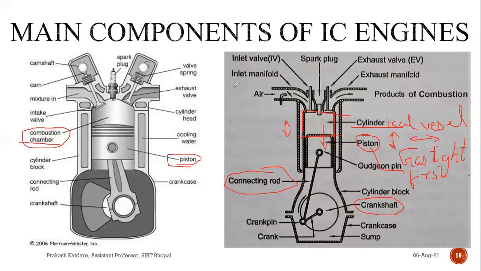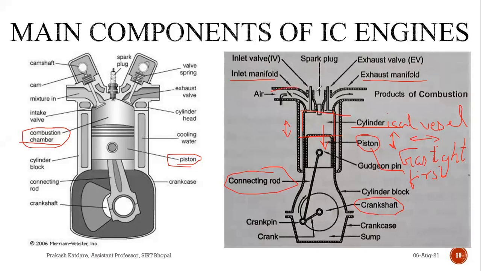Then we have inlet manifold and exhaust manifold. Inlet manifold is basically a pipe which connects the intake system to the inlet valve of the engine, and through which the air or air-fuel mixture is drawn into the cylinder.